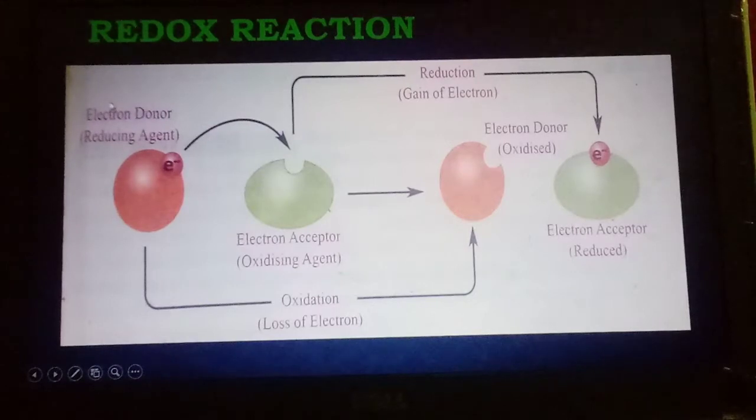Here you can see the electron donor, the reducing agent: this atom is donating an electron, so it is the reducing agent. The next atom is the electron acceptor, called the oxidizing agent. Here reduction takes place at one atom and oxidation at the next.